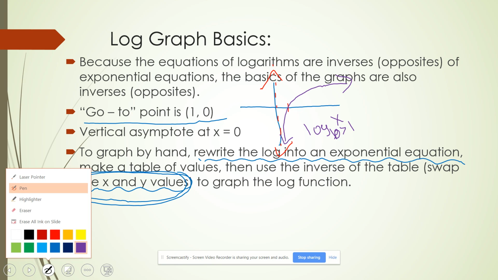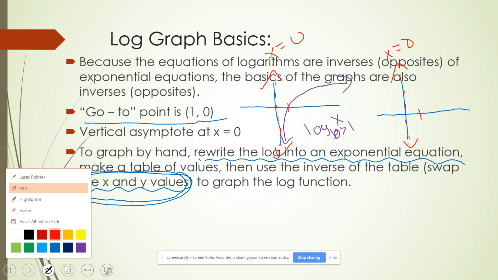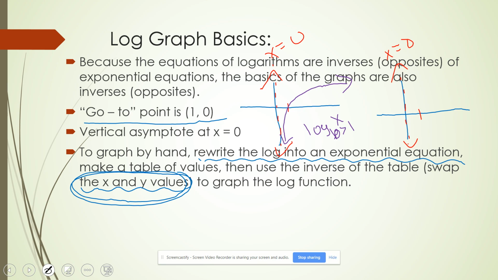When our base is between 0 and 1, we still have our asymptote at x equals 0. There's our 0, 1. And our graph is going to look like this.